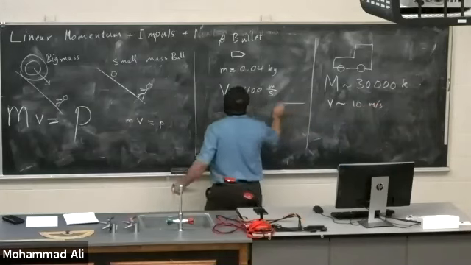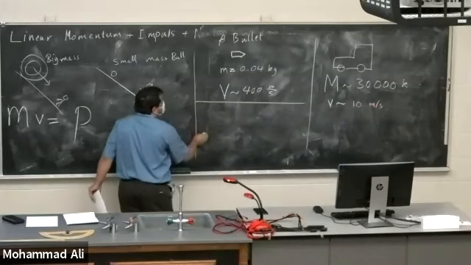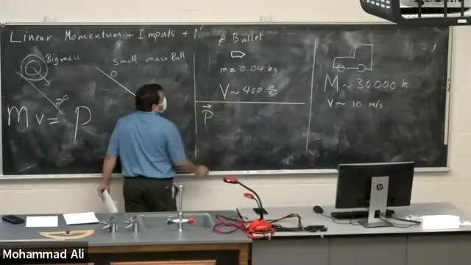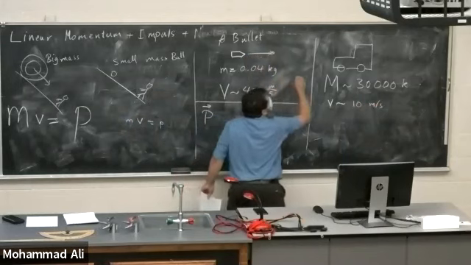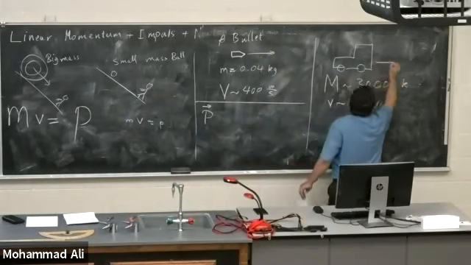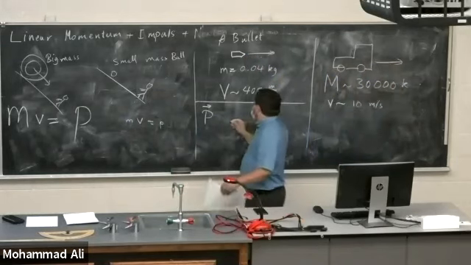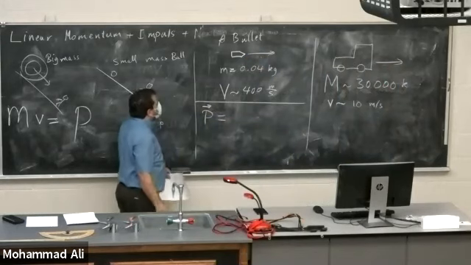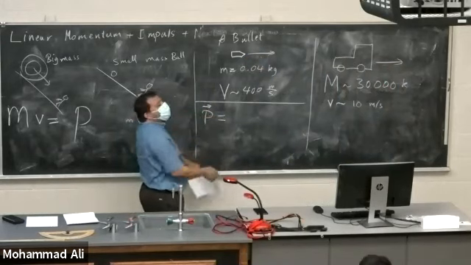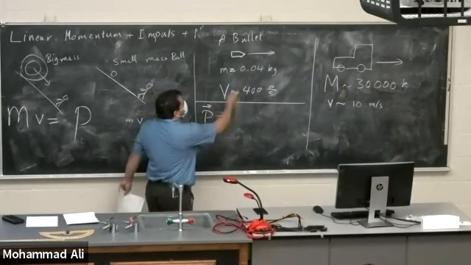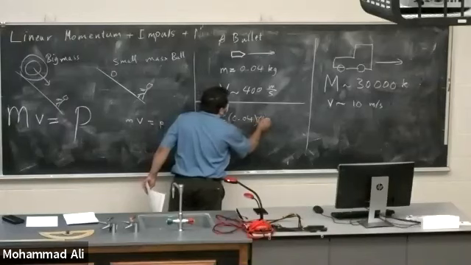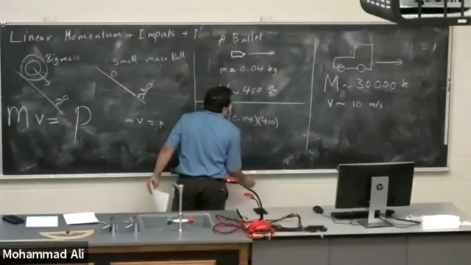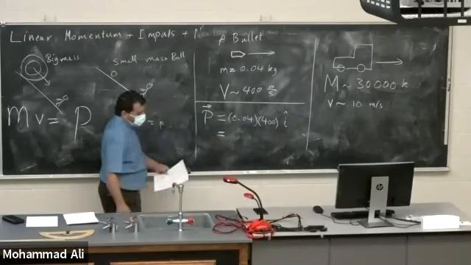What is the momentum P? We have a motion in one dimension, okay? Assume that the train moves in this direction, to the positive x. It doesn't matter, okay? This is just multiplying 0.04 by 400, in the positive x direction. It will be equal to how much?